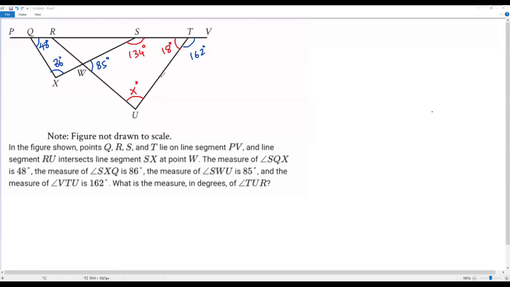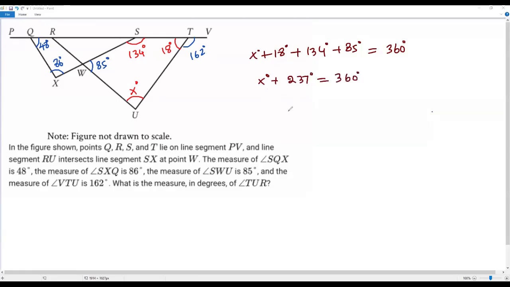In any quadrilateral, the four interior angles add up to 360 degrees. So I'm going to add these four interior angles: X plus 18 degrees plus 134 degrees plus 85 degrees must add up to 360 degrees. Let's keep X as it is. When I add 18, 134, 85, I'm getting 237 degrees, so X plus 237 degrees equals 360 degrees.